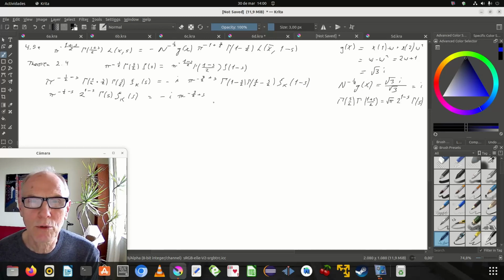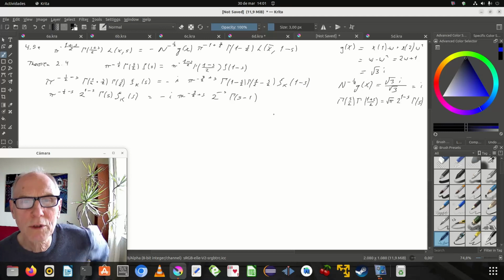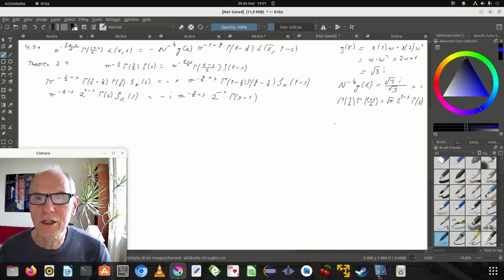S plus 1 all the way through times 2, and then minus 1 minus s, then gamma of s minus 1. Now that's weird. Shouldn't it rather be 1 minus s?